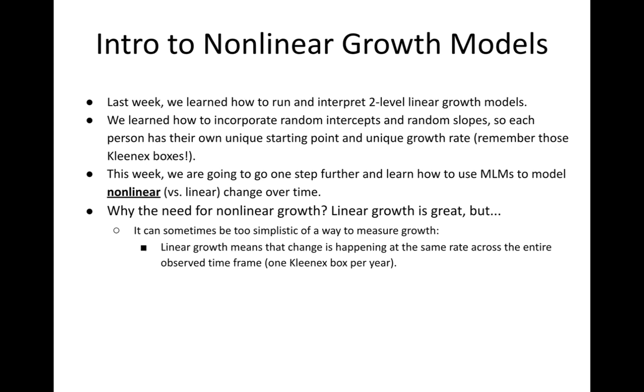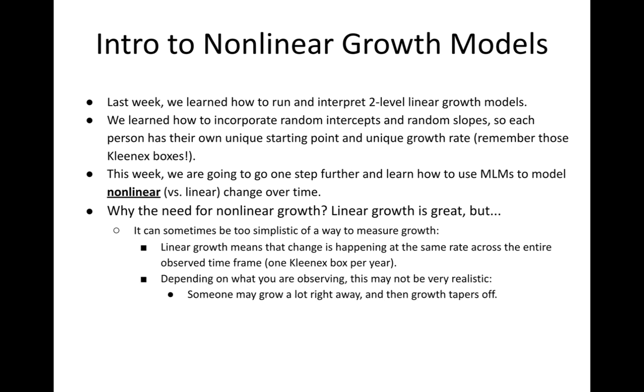One example of this, of course, is thinking about kids getting older, right? If you think about a child that you might know and their growth pattern, a linear growth model would suppose that a child gets the same increment taller each year, like maybe a Kleenex box taller each year. And that may not actually be very realistic, right?